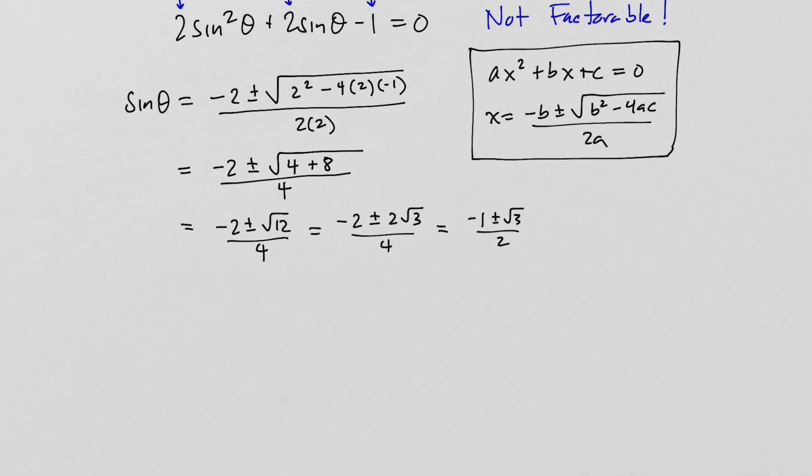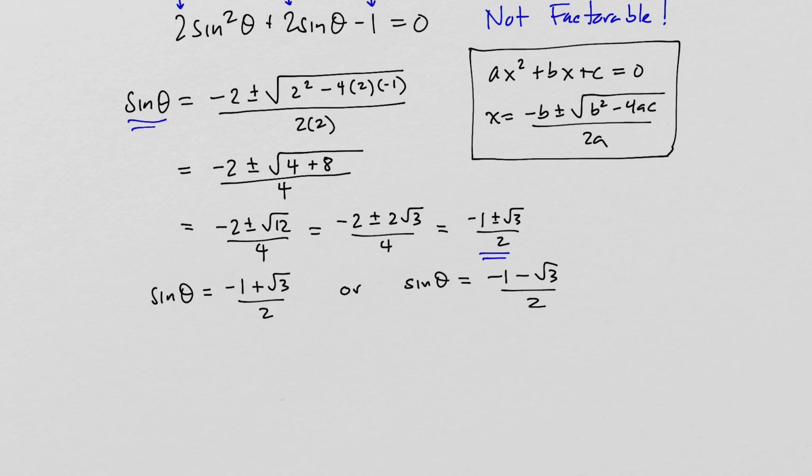Now you need to remember that it is sine of theta that is equal to these values. So one possibility is sine of theta equals negative 1 plus the square root of 3 divided by 2. Or the other possibility is sine of theta equals negative 1 minus the square root of 3 divided by 2.